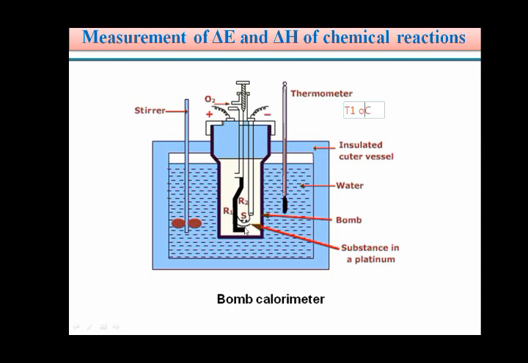During burning of the substance, there is an evolution of heat. Due to combustion of the chemical substance, heat is evolved inside the stainless steel vessel, inside the bomb. This is our stainless steel bomb, called a bomb.